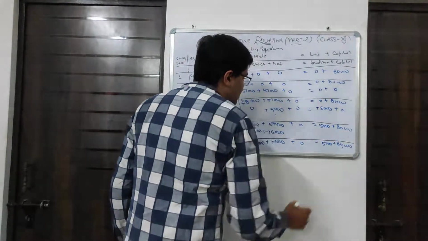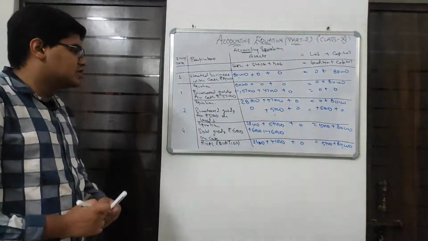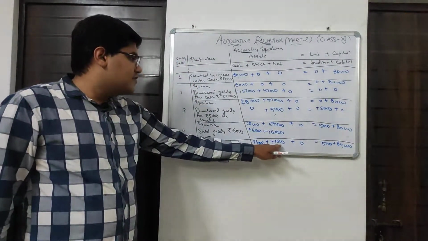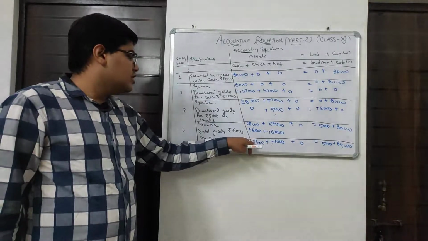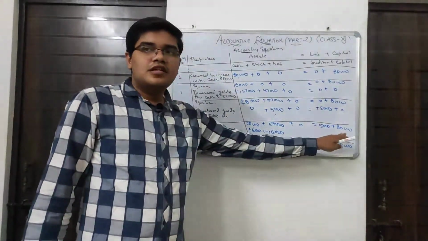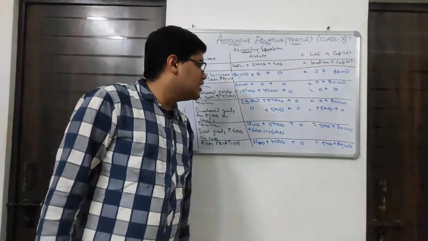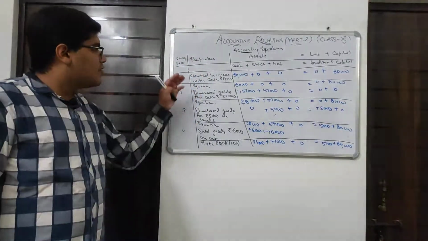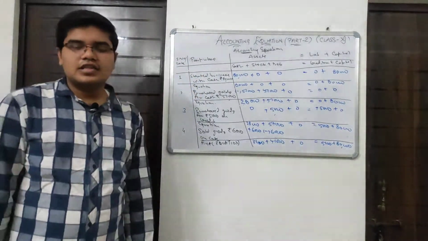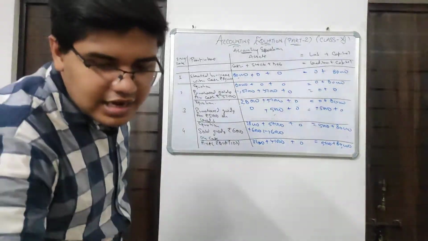So here our equation gets balanced. As you can see, 34 plus 51 is equal to 85 and 5,000 plus 80,000 is equal to 85,000. So our question is completed. Hope it is clear to you. So moving on to the next illustration.